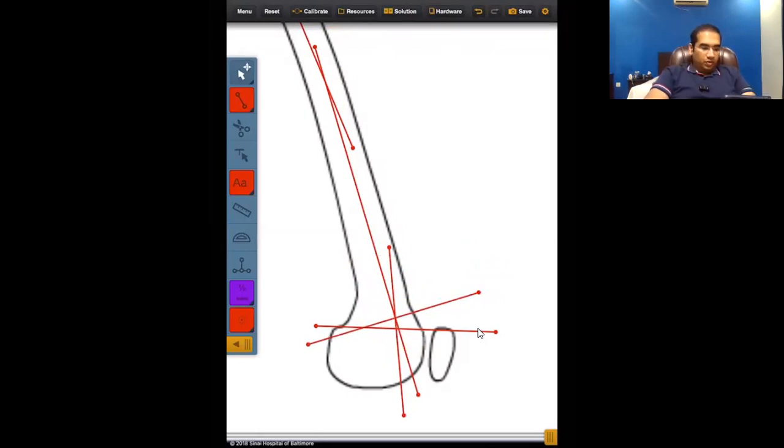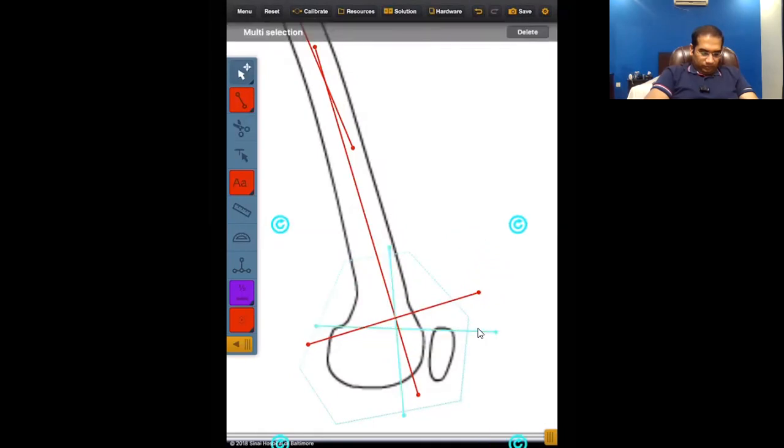So what I need to do now is simply do an osteotomy over here. I will place my hinge over the original axis.